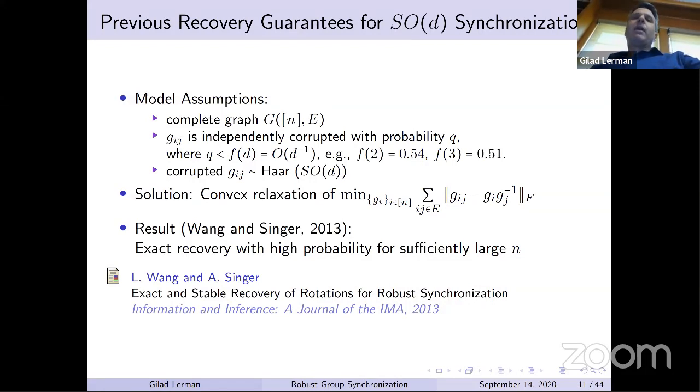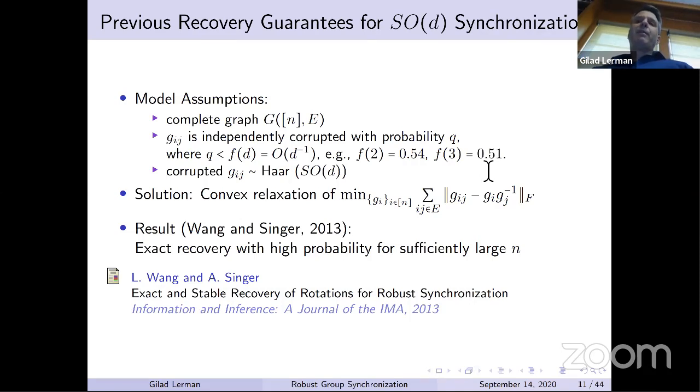The model assumes a complete graph, and they corrupt an edge with a given probability Q, where we have a certain assumption that Q is less than a certain function, which behaves like 1 over D when D goes to infinity. And I also have values of this function for the practical cases of SO2 and SO3.